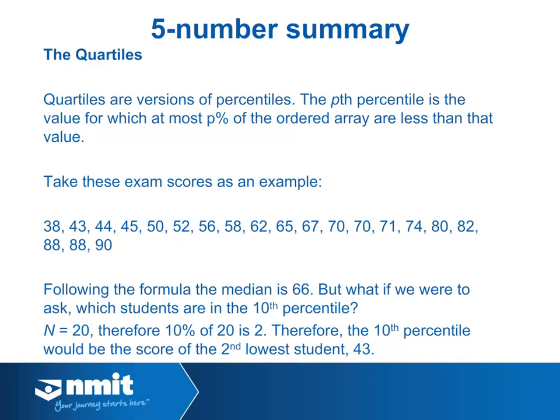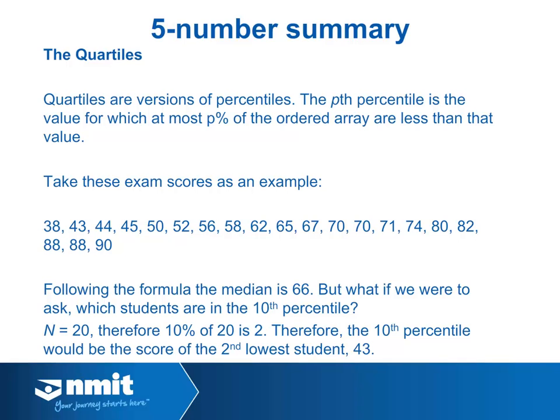Here we have an ordered array of numbers, in this case exam scores, ranging from 38 to 90. So the 50th percentile would be 50% of the way along that array, halfway along, so 50% are less and 50% are higher. In other words, that's the median. So the median is actually the 50th percentile. In this case, it's 66.